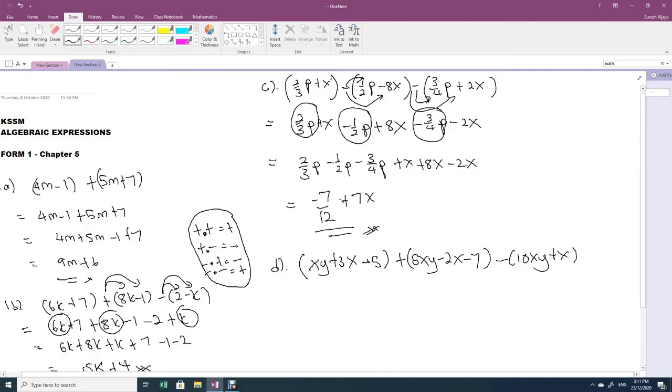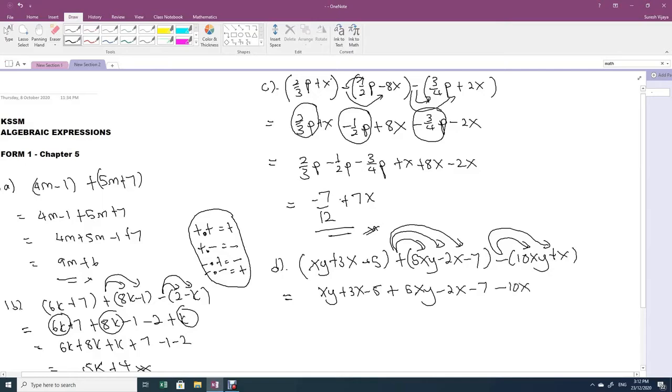So we rewrite the equation. The first term is xy plus 3x minus 5. And we have plus, we multiply in plus, so plus 5xy minus 2x minus 7.